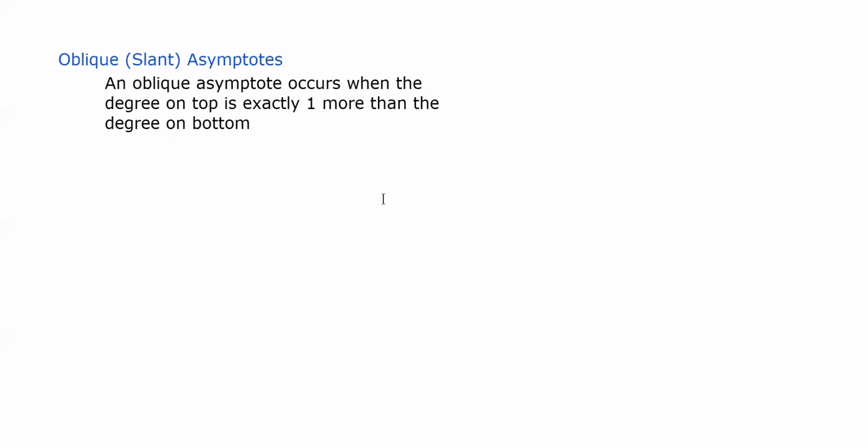So memory is something you need when you're just beginning to learn a concept, but to really truly understand the concept, you have to go beyond pure memory of it. You have to justify why it makes sense. We can't do that here with oblique asymptotes, which is a pain in the butt. So for now, we're going to have to remember an oblique asymptote occurs when the degree on top is exactly one more than the degree on bottom.